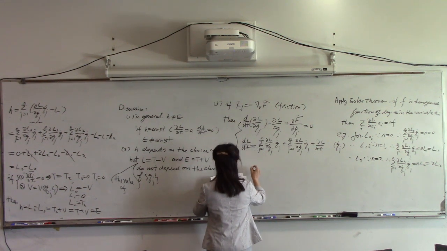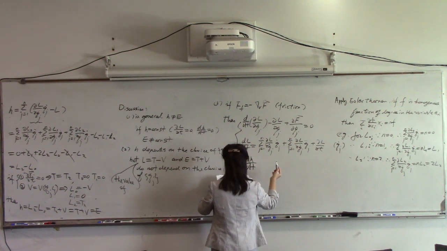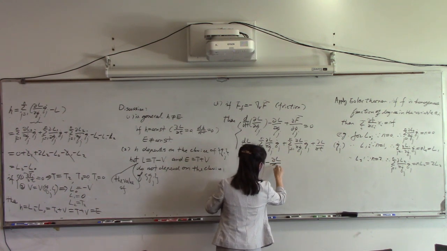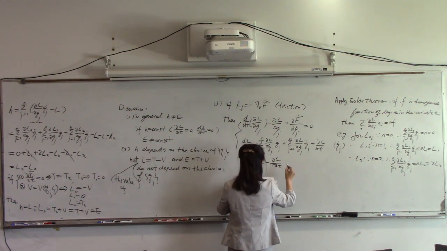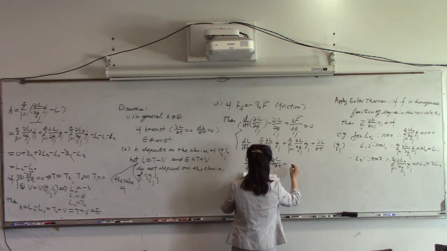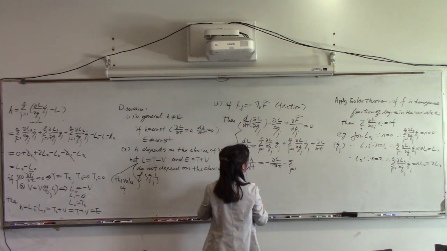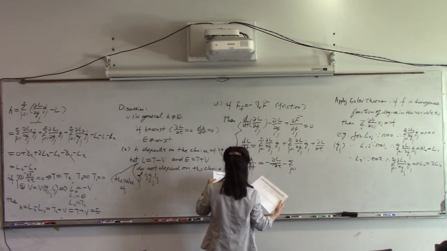So finally we have dH/dt equal to minus partial L over partial t, which is without the friction, right? Now we add another term. Here there is a summation, right?